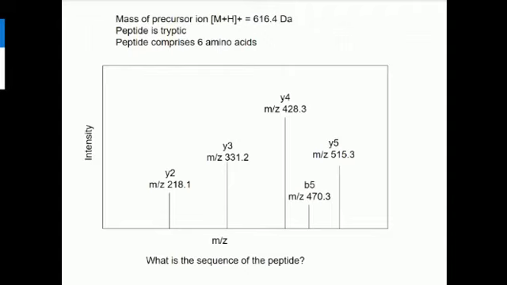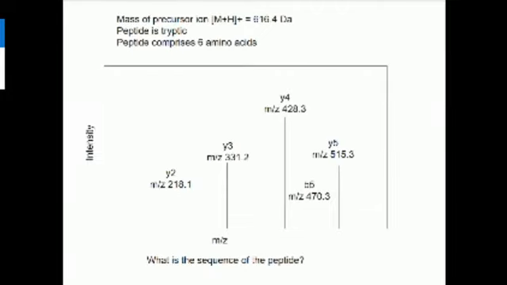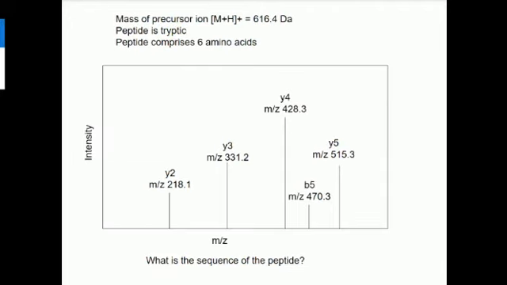Is there a way you could work out the last one without actually using the B5 peak? Well, you know that it's lysine or arginine. So what you could do is trial and error. If I take off the mass of lysine, is there anything possible? Or if I take off the mass of arginine, is there anything possible? If there's only one possible, then you could do it. I think I worked it out differently.